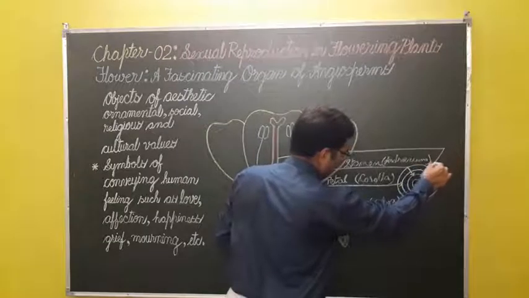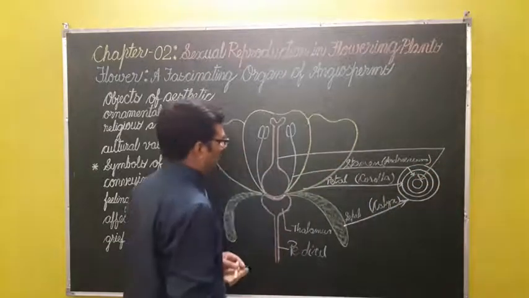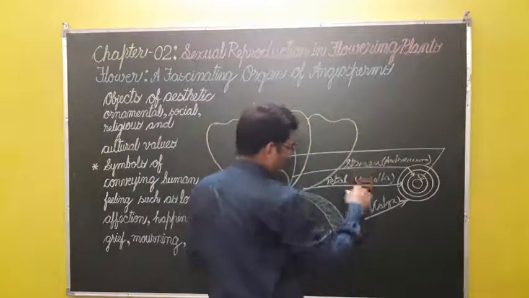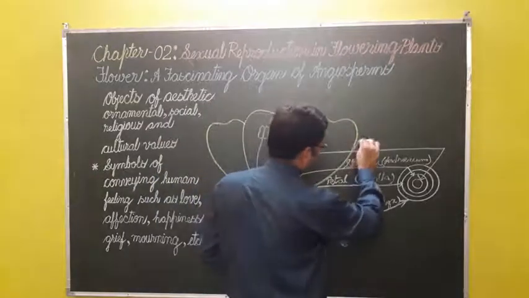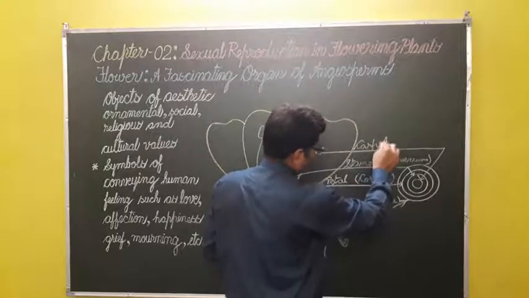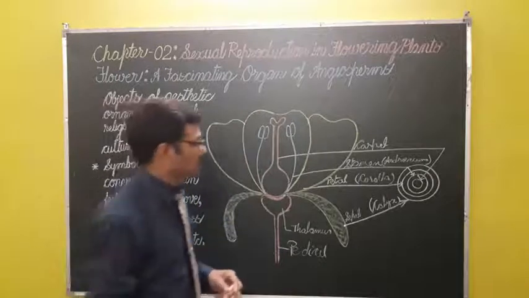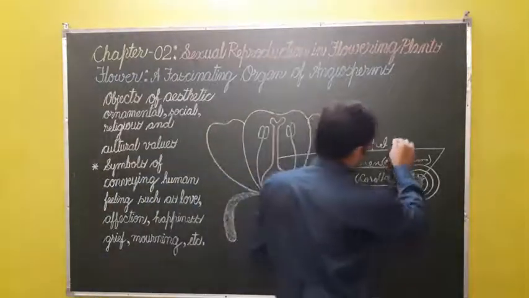This is actually the one at the center. The unit is called carpel. Right? And the collective name is gynoecium.